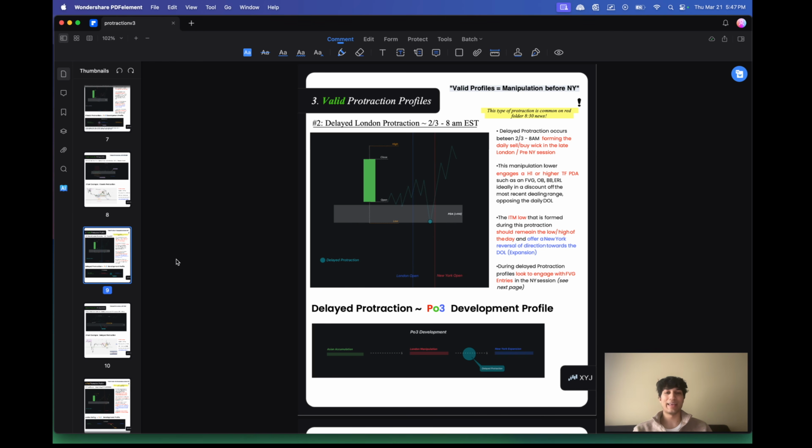So notice how in a classic scenario, New York is continuing off of the reversal trend of London, because London already manipulated. Whereas in the delayed protraction case, New York is actually reversing the direction of London, keying off of that higher time frame level, and then pursuing, or drawing towards, the draw on liquidity for the day, which we're assuming, in this schematic, to be bullish and higher.